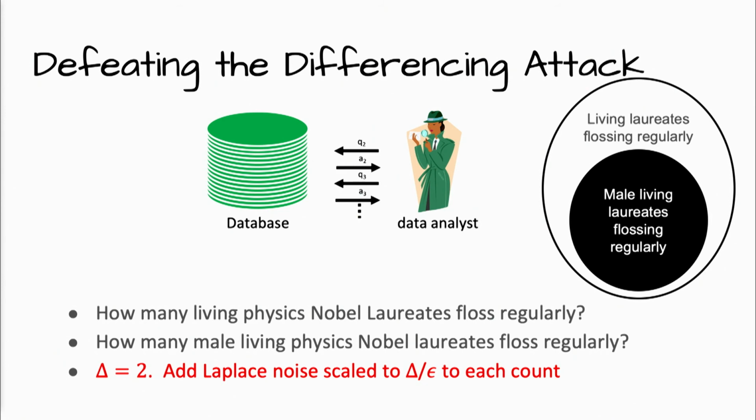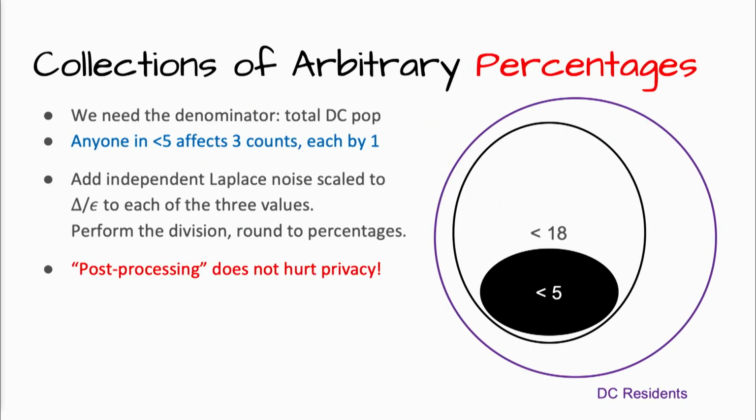Basically, one person could change the answers to each of these questions by 1, for a total change of 2. So the sensitivity is 2, and again, we use Laplace noise scaled to 2 over epsilon. Okay.